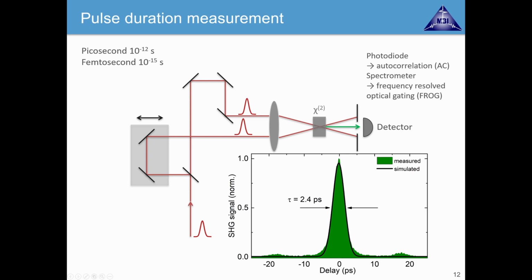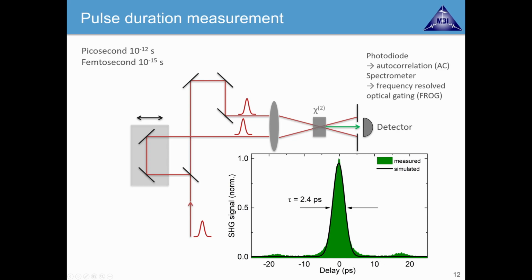Then a lens focuses the two replicas into a nonlinear crystal, a chi-2 medium, and we get a frequency-shifted signal, as you see here, which depends on the overlap between the two pulses.